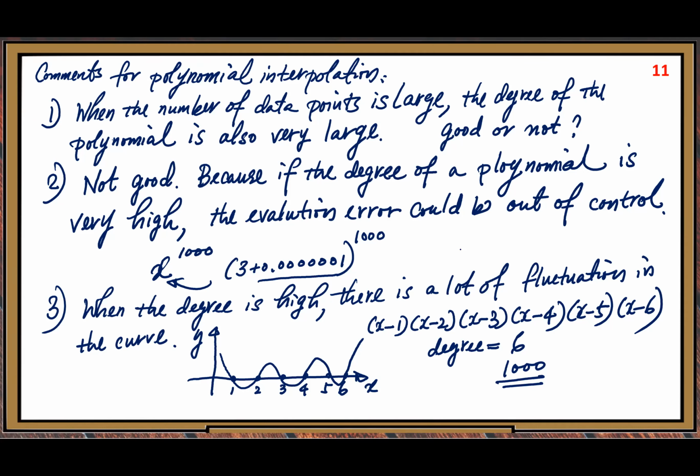Let me draw another. For some data points like that, we expect to have an approximation like that. But the high degree polynomial gives an approximation with a lot of fluctuation. That's not what we want, right? Too many wiggles. That's not good for our applications.